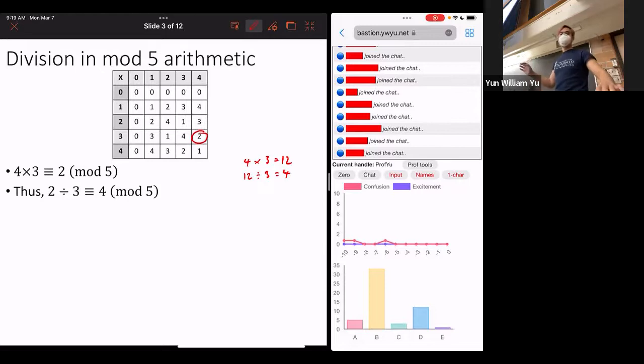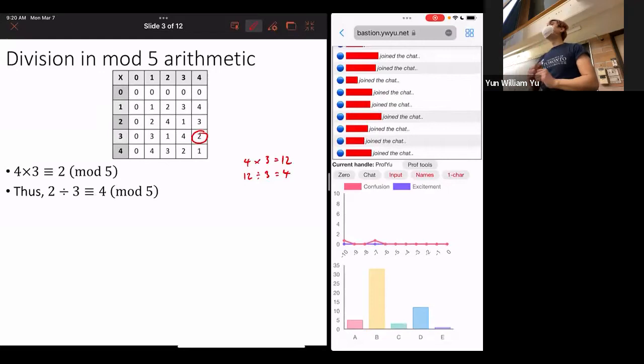So if you're trying to think of it in terms of fractions, ignore all that. We're starting from first principles. We haven't invented what fractions might mean in modular arithmetic, if we're ever going to. All we do know is that division is the opposite of multiplication. It reverses it. And so you can use these same patterns and define that 2 divided by 3 is equivalent to 4 in mod 5 arithmetic.